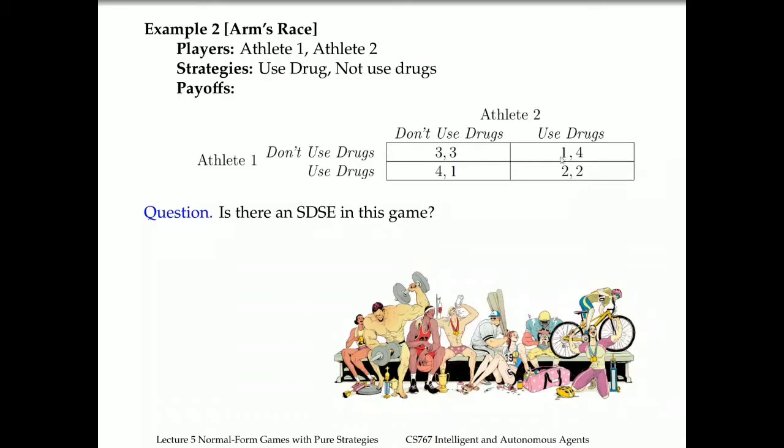If both players use drugs, they will also compete in a fair way, but this will create a negative impact on the health of the athletes. So they will not get as high a payoff as if both of them do not use drugs.